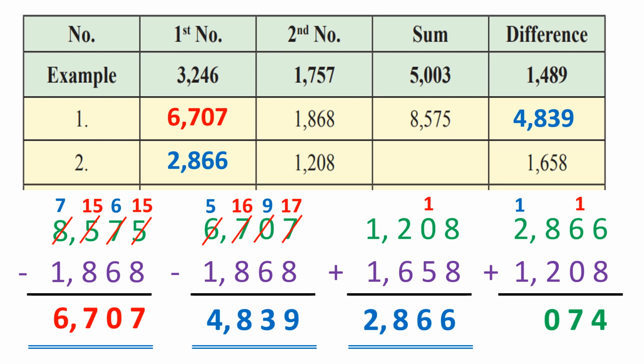You write 0 here and then carry 1. 2 plus 1 is 4. Your answer is 4,074. Okay, then you write here 4,074 in the box.